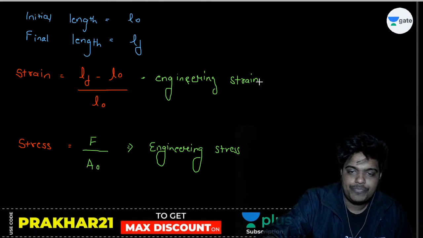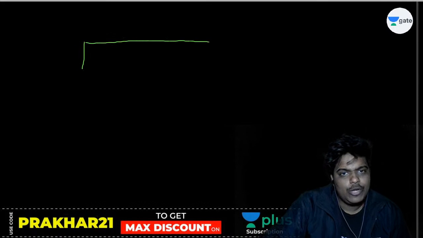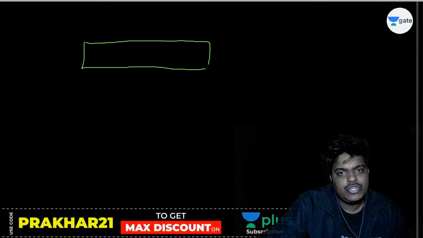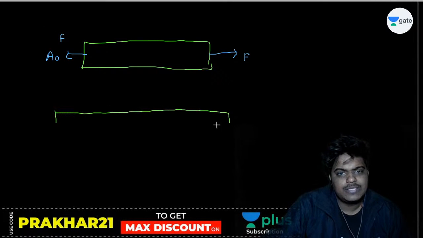Look, please try to understand. Suppose this is my rod that I am pulling. The initial area is A naught, and I am pulling with a force F. After some time, the length will increase and the area will decrease.